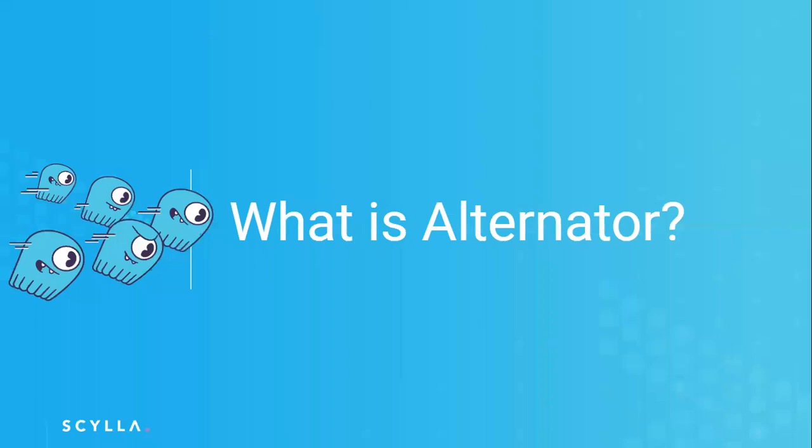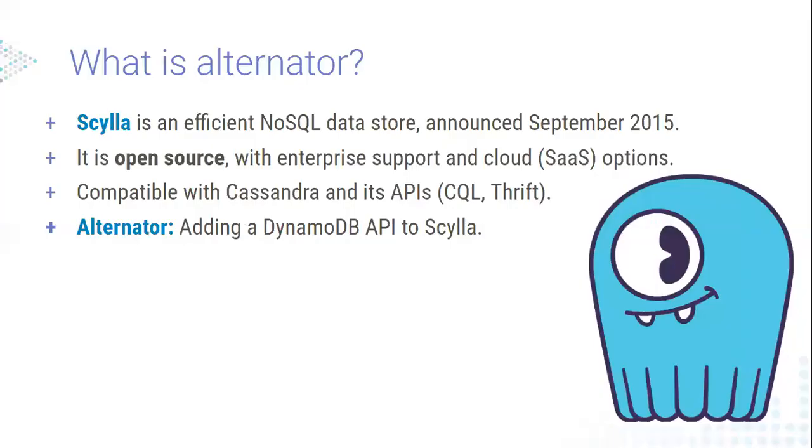Avi, please explain what the Alternator is. Thank you, Dor. So I assume you're all familiar with ScyllaDB and DynamoDB to some degree. ScyllaDB brings a huge cost efficiency advantage and great tail latency. On the other hand, DynamoDB is heavily used by applications on AWS, and Project Alternator brings the ability to run applications that were written against DynamoDB on top of Scylla, and so enjoy these advantages of performance and cost efficiency.